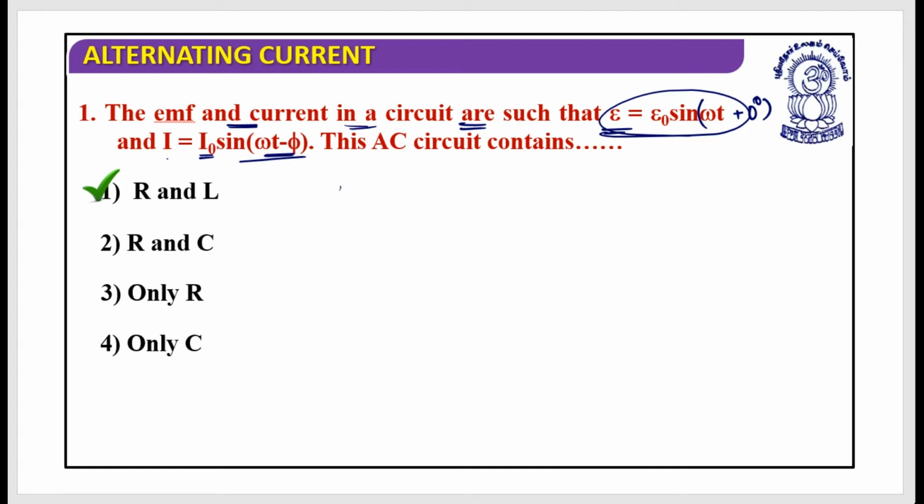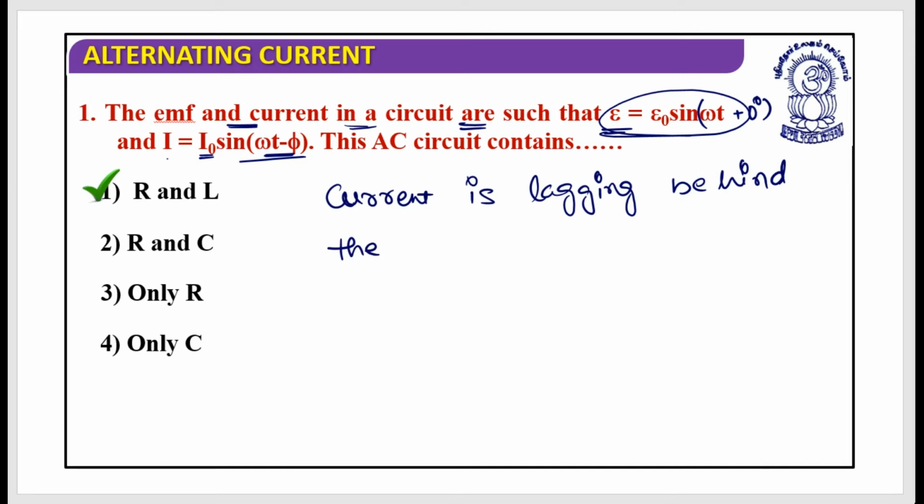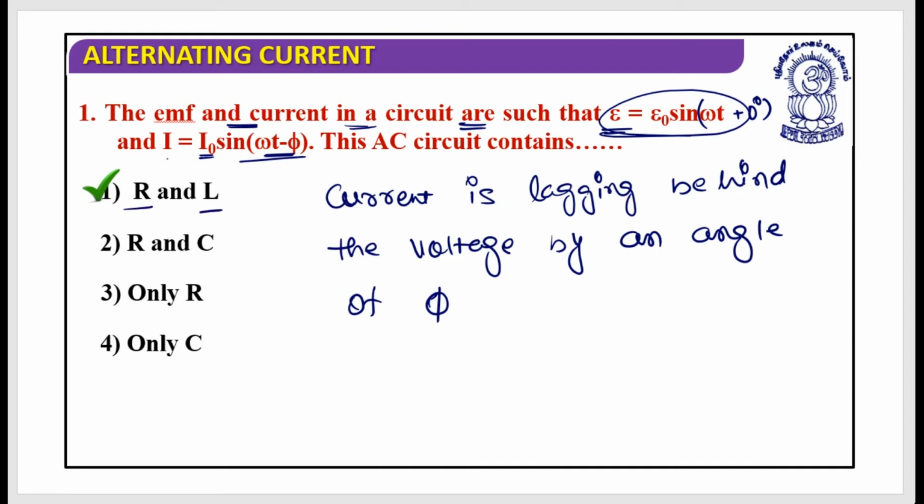So as you can see, this current is lagging behind the voltage by an angle of φ. So this AC circuit contains R and L, sorry, my mistake.